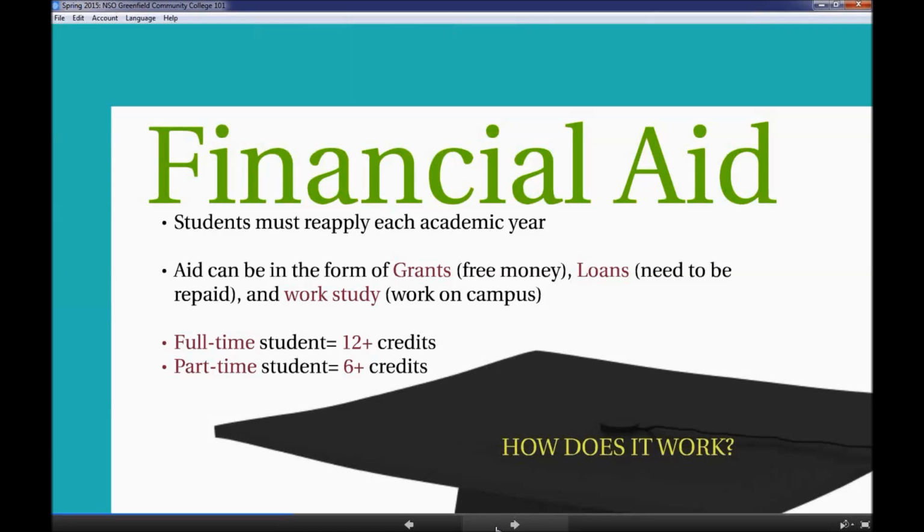So if a student leaves GCC and doesn't enroll in another institution, or if they've graduated and they're ready to go on and pursue their intended career, anybody who took out a student loan will need to begin to repay that money, and that money usually begins repayment about 6 months after separation, again, either graduation or a separation for other purposes. And so students want to be very mindful when they're taking out loans, and our financial aid officers are great about talking to students about what they truly need for funding to support their education, so that students hopefully are not taking out more than they truly need.